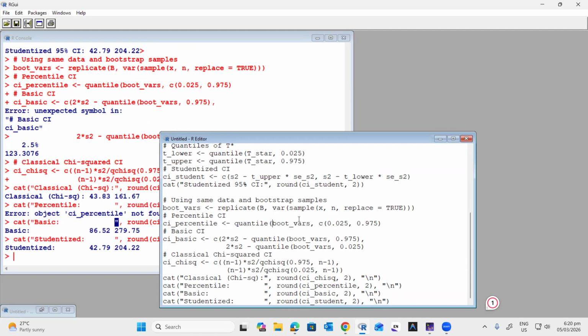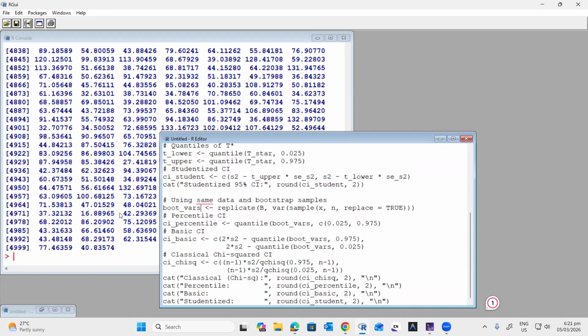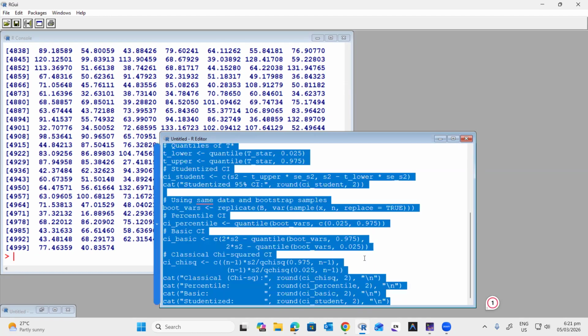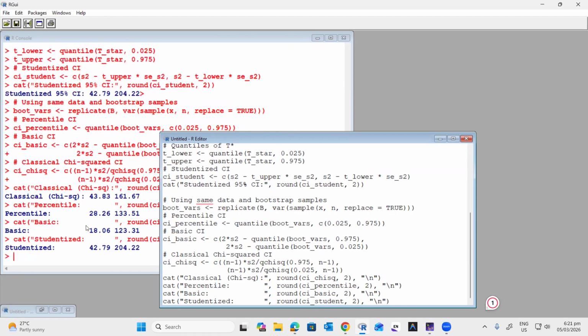Quantile, boot variance, I am having. Okay, I just forgot a bracket here. One bracket is here, one bracket is here, so one bracket should be here. Yes, one bracket was removed, so that's why this error was there.